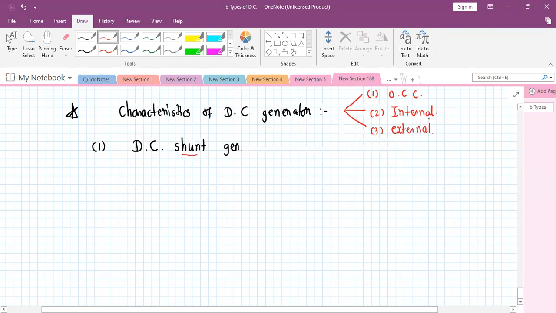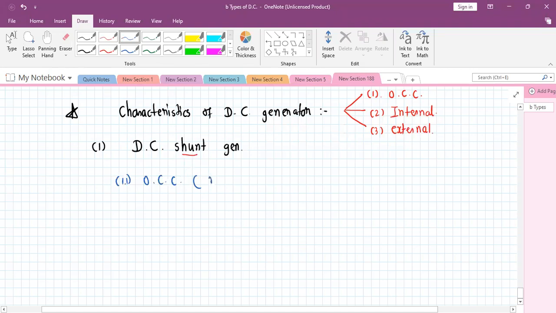First of all, we will discuss the DC shunt generator OCC. It is called the open circuit characteristic, and another name of this characteristic is magnetization characteristic.